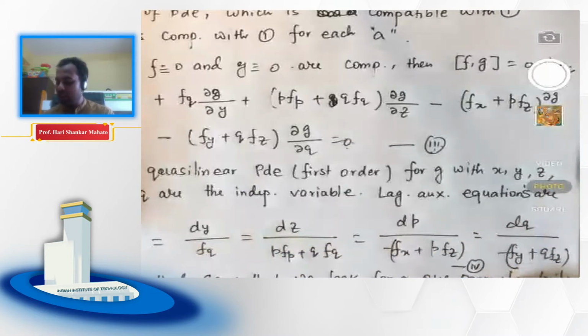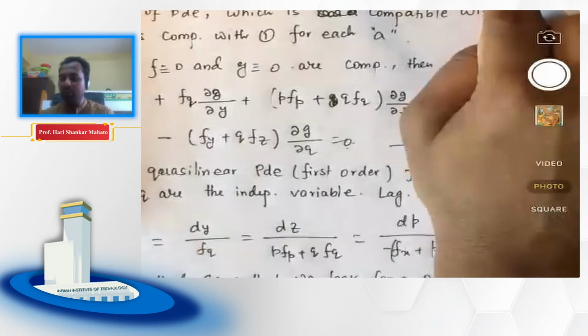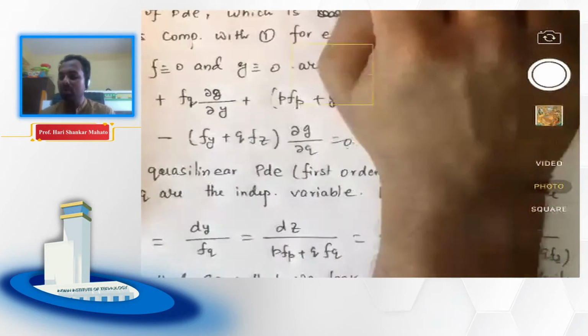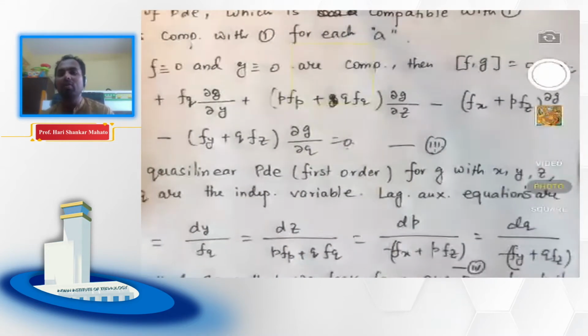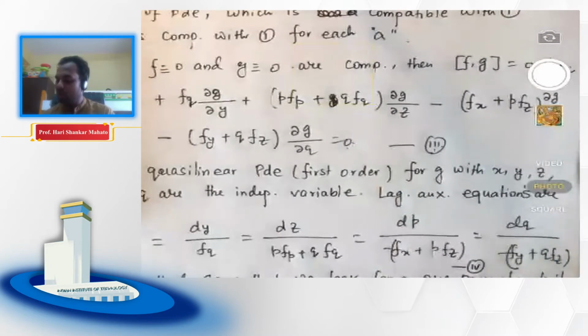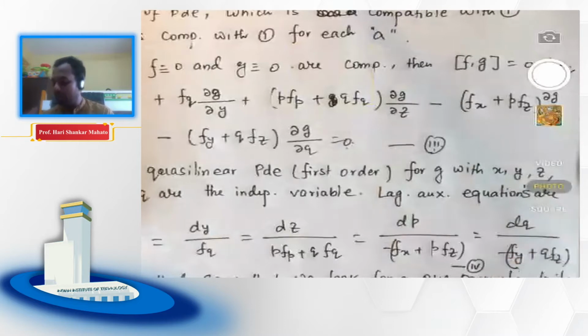Now we are saying that we are looking for a one parameter family of solution of this PD, which is compatible with 1 for every value of A. So that means we are trying to solve this auxiliary equation to obtain P and Q such that we can write dz equals P dx plus Q dy.